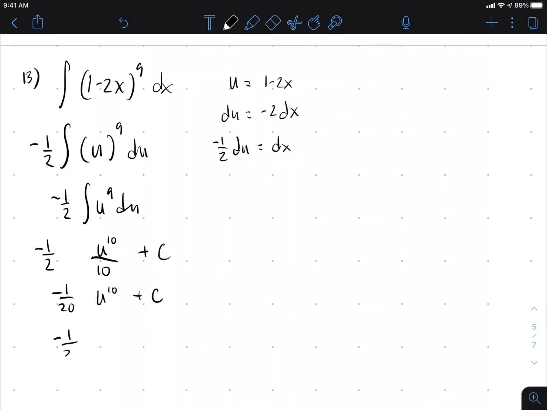And so it's going to be negative 1 over 20, 1 minus 2x to the 10th plus c. That's way better than expanding 1 minus 2x to the 9th.